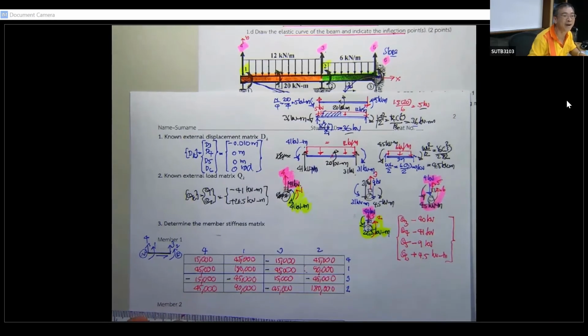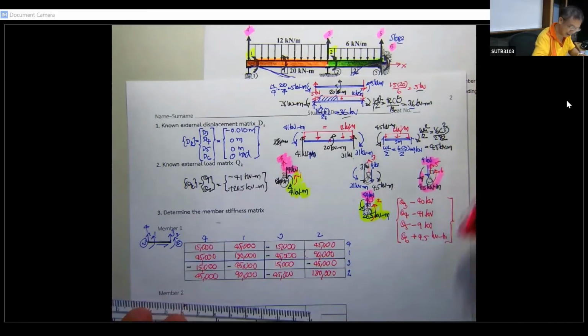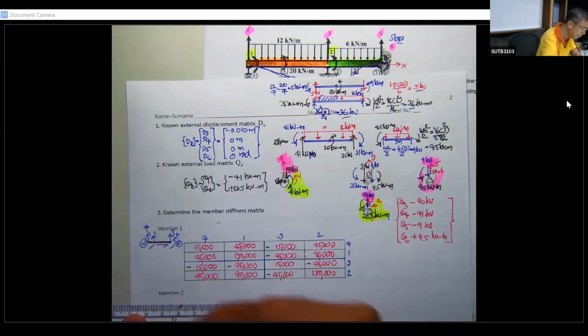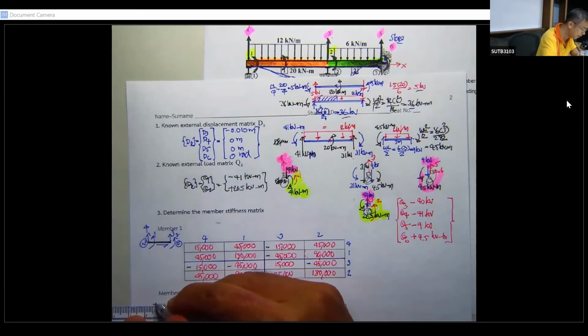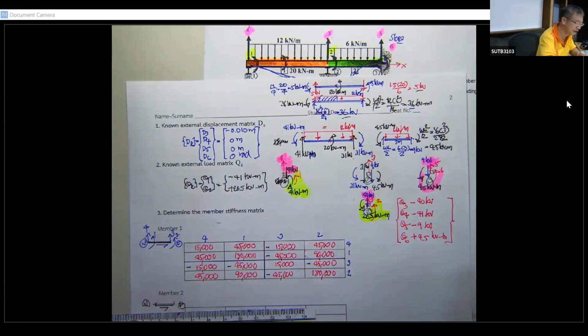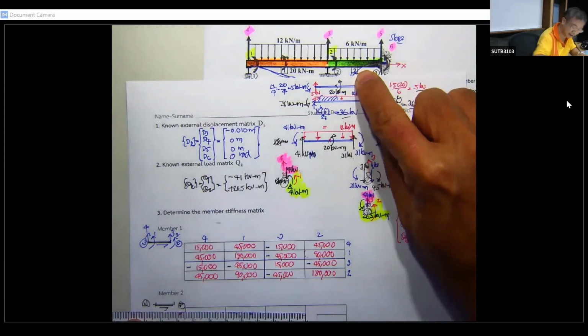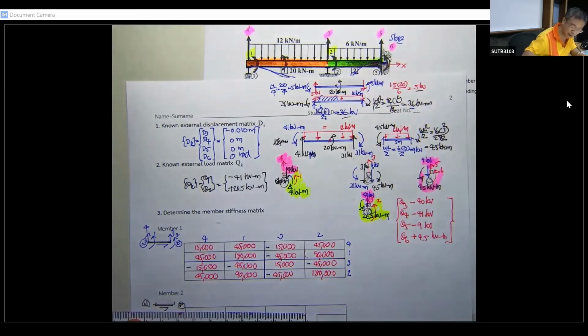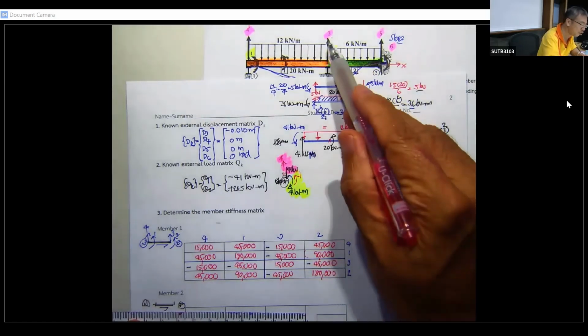Okay, and on the second member, again, I will draw the member over here. This is going to be a shorter member. This is going to be the near end. This is going to be the far end. This is going to be the direction of this, and then the degrees of freedom that you got follow 3, 2.